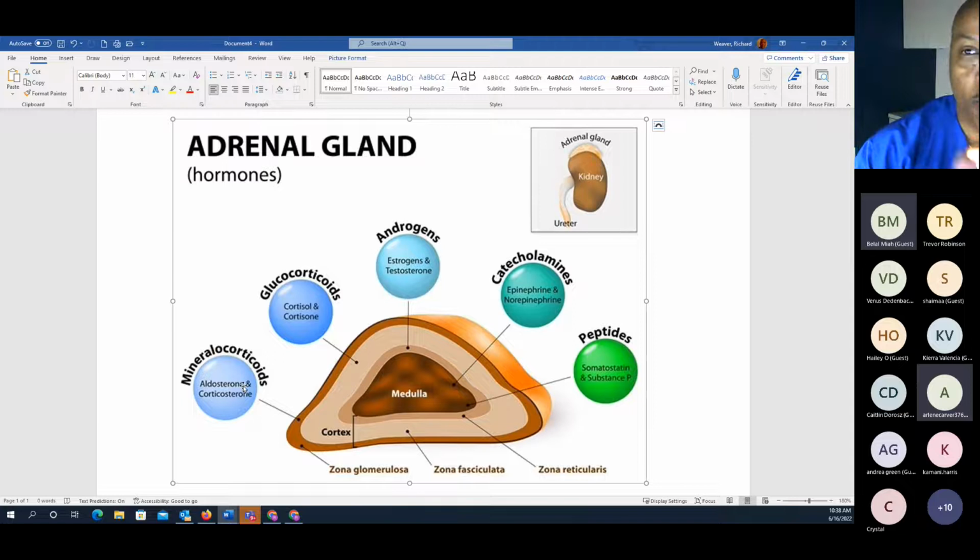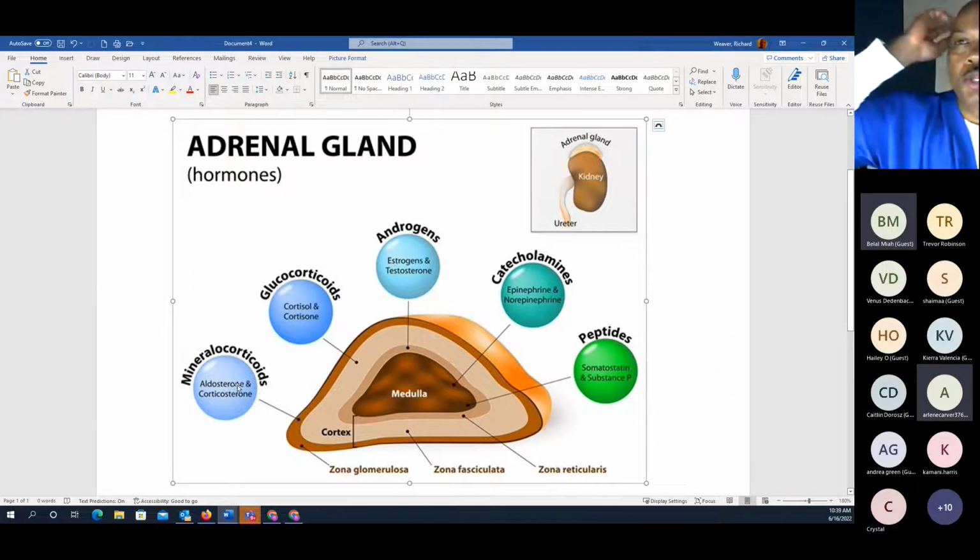Let's say someone had Cushing's disease, and we know that Cushing's means there's this hypersecretion of these hormones, right? Well, let's talk about one at a time. So you've got this hypersecretion of the mineralocorticoids, or aldosterone.